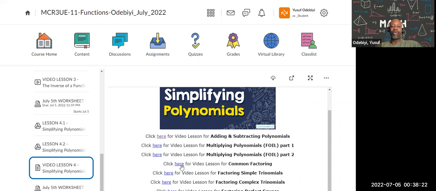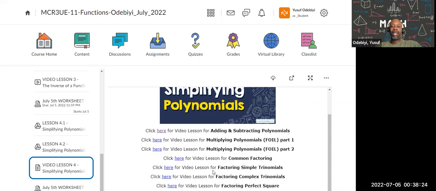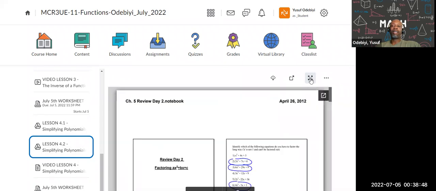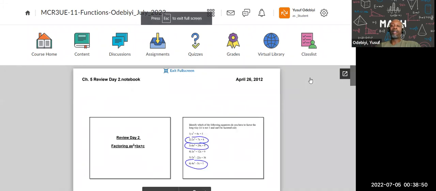If I want to do common factoring, I can check this video. Factoring simple trinomials, check this video. Complex trinomials, check this video. And then factoring a perfect square and a difference of squares, check these videos. Okay, but all these videos are related to this. So I'm going to go through some of this. There's no video, I'm just going to be explaining. So let's go through it that way.